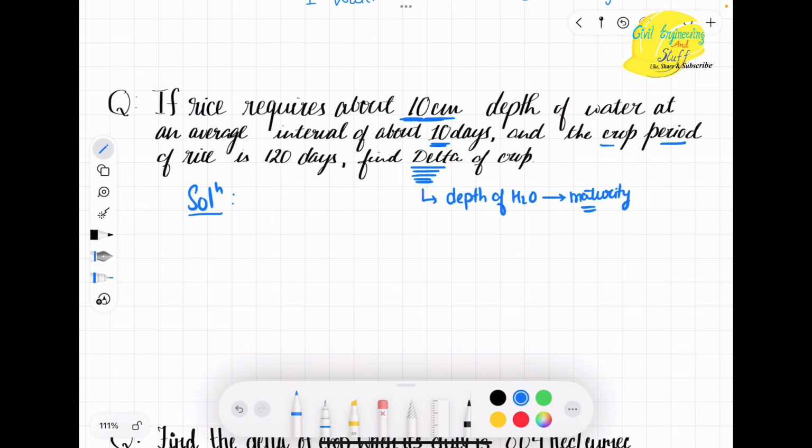So delta means the total quantity or total depth of water that is supplied to attain maturity. First of all, if we are supplying 10 centimeter of water every 10 days, how do we find the number of times the watering was done?